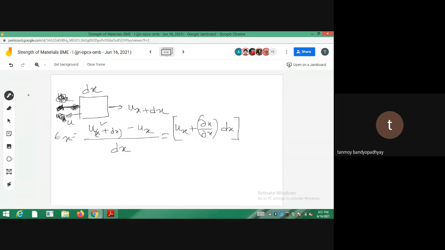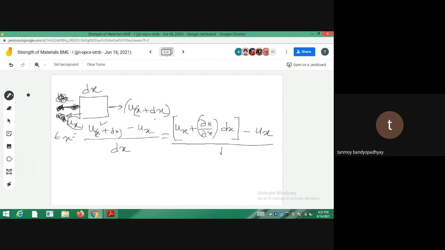On the left side I have ux, on the right side I have ux plus dx, some sort of thing. So what will be the net displacement in the positive direction? That should be this part minus this part. If I make a Taylor series expansion, there will be second order terms, third order terms, many terms, minus ux divided by dx.